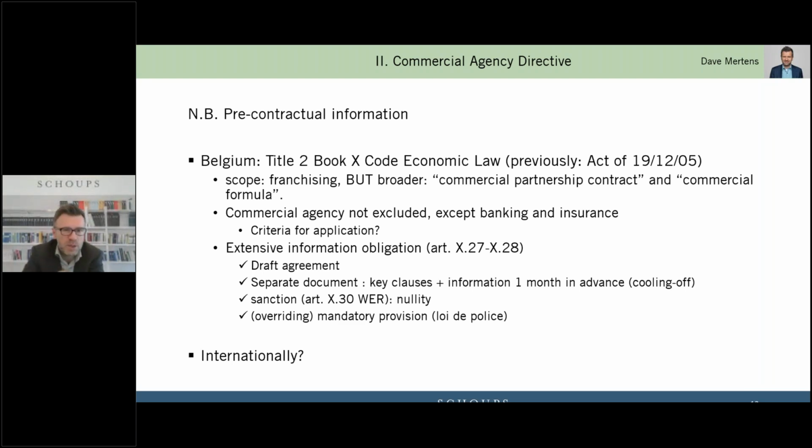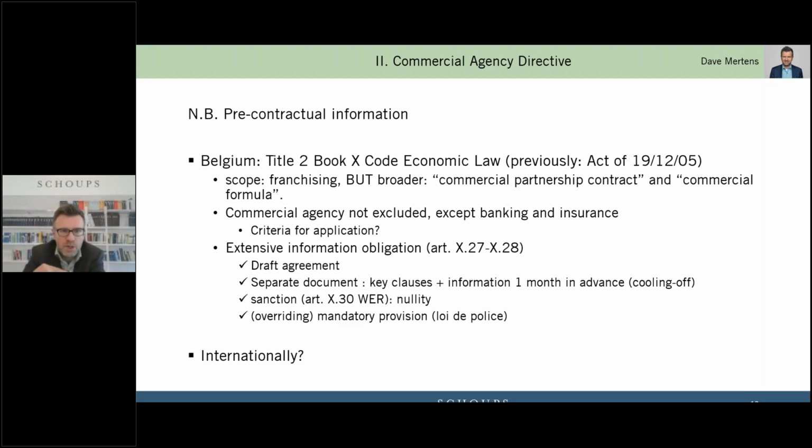But the idea of the legislature was to put it much broader. It's defined not as franchising, but applicable to commercial partnership contracts and commercial formulas. So it's one party, one company, one self-employed person that receives the right to use a commercial formula granted to him. That right is granted to him by another company.